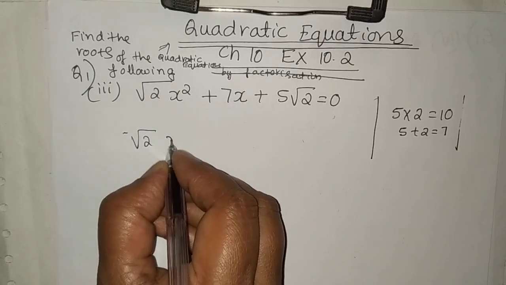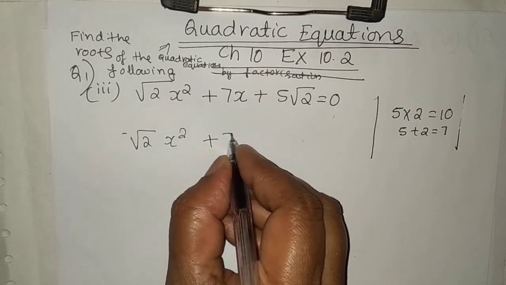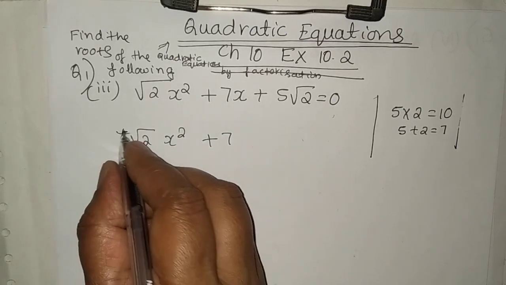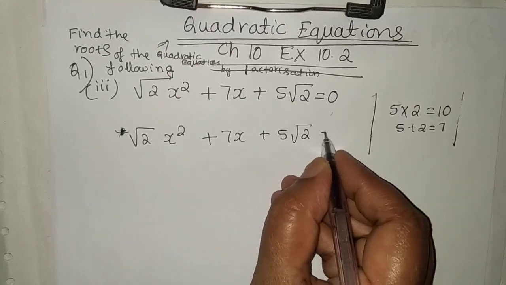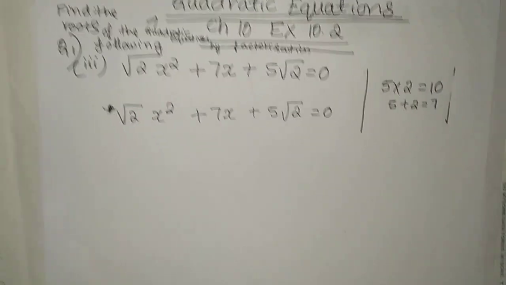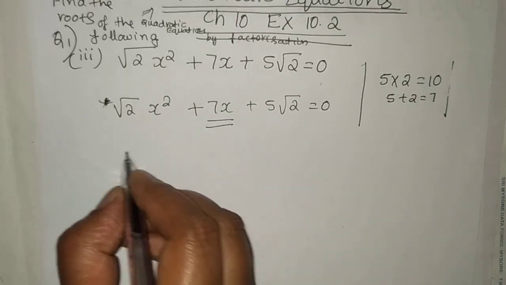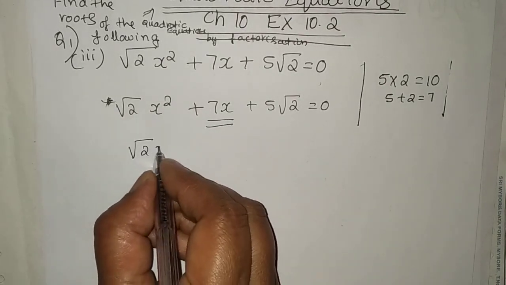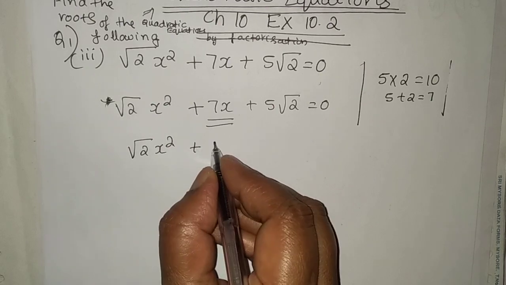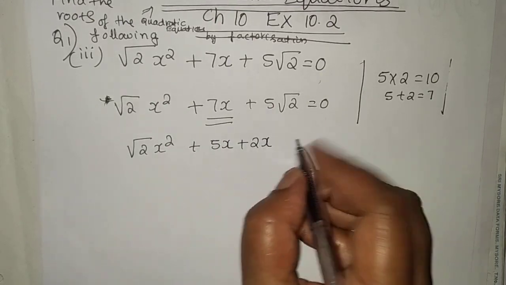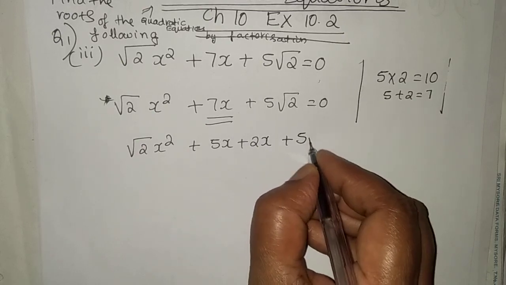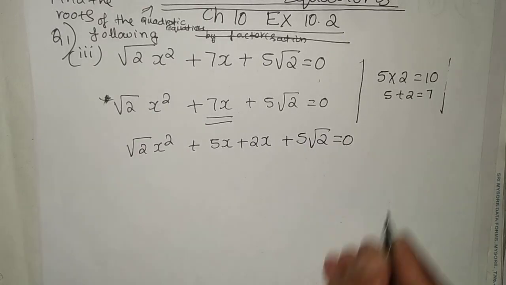I'll write root 2x square plus 7x plus 5 root 2 is equal to 0. Now this 7x can be written as 5x plus 2x. 5 plus 2 is 7, plus 5 root 2 is equal to 0.